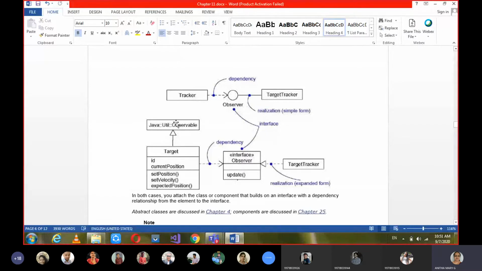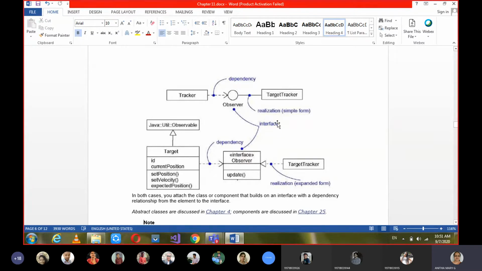Somehow this second diagram is the expanded, brief detail of the first one. The first one is a high level of abstraction and this is a low level of abstraction. Here the target class has attributes and operations, and it is a child class of the observable class, which is given using the path name of the class.